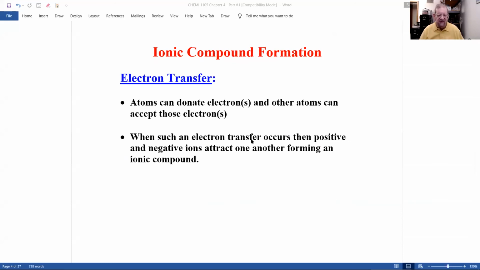When such an electron transfer occurs, positive and negative ions attract one another, forming an ionic compound, which is also called an ionic bond. How many of you have ever heard opposites attract? Well, that happens in chemistry too. Positive and negative ions attract each other, and that's how you form the ionic bond.